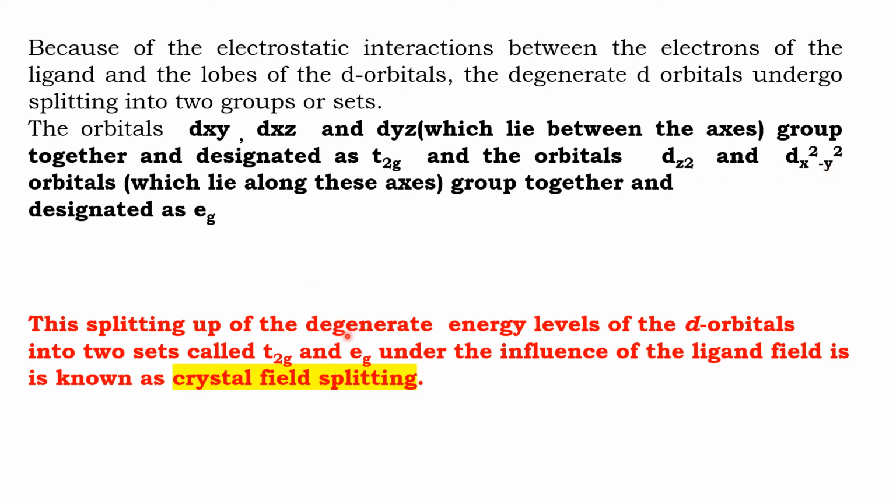Why are they Eg? Because they have the electron density along the axis. And this splitting up of d orbitals into two groups is called crystal field splitting. And this crystal field splitting is the basic reason for the experimental or observed phenomena of many coordination compounds. Take down.